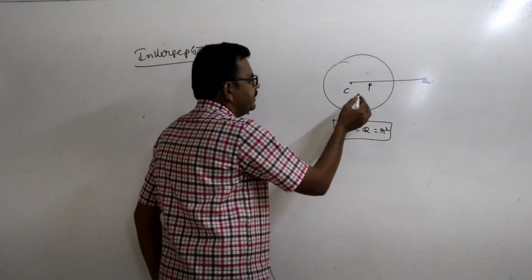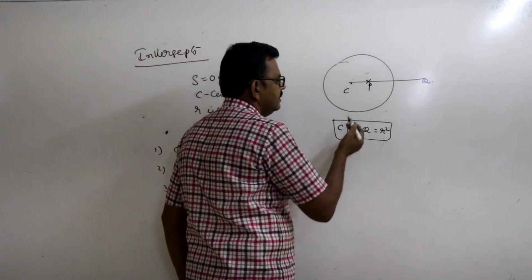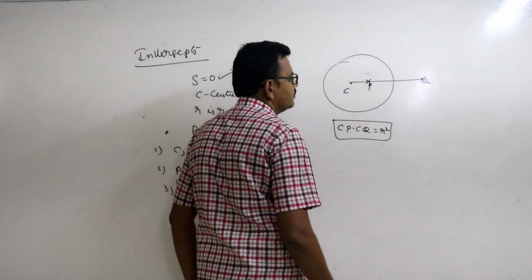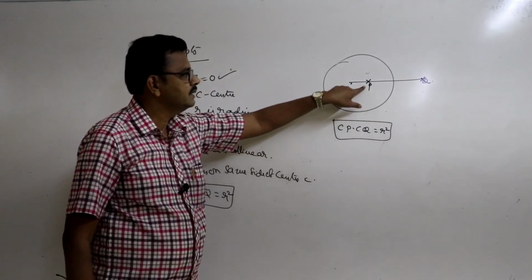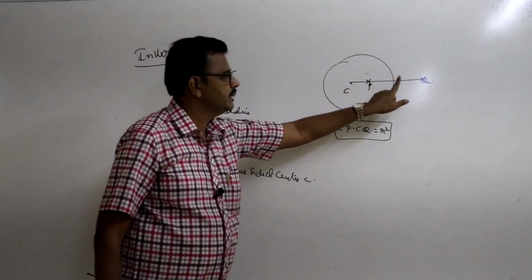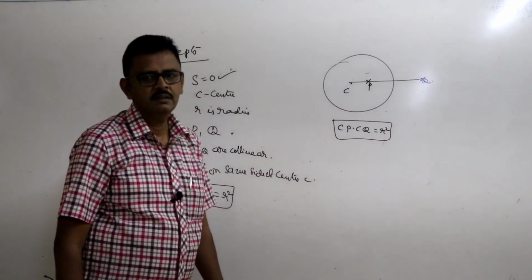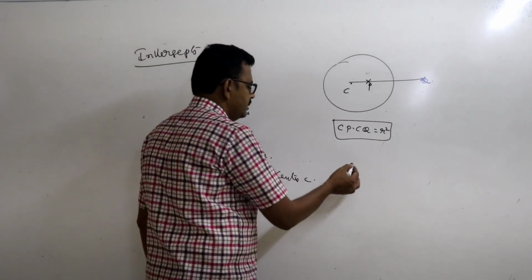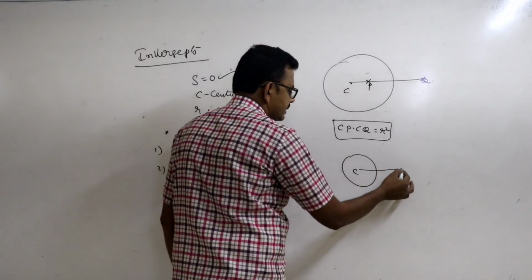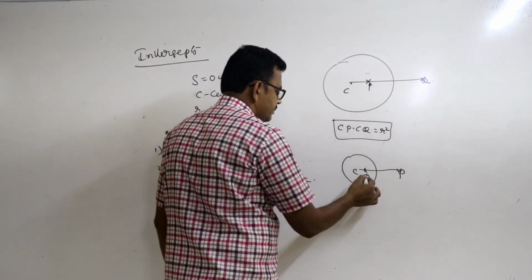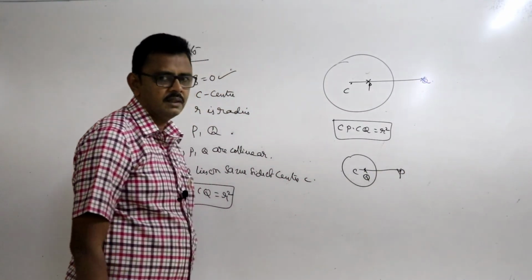If the point P lies inside the circle, it implies Q lies outside the circle. If the point P lies outside the circle, its inverse point Q lies inside the circle.